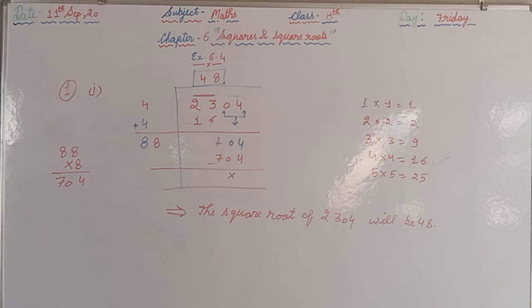So like this we find the square root of any given number using the division method.